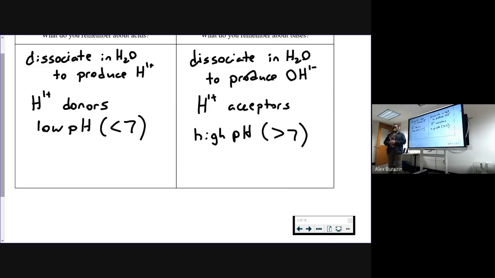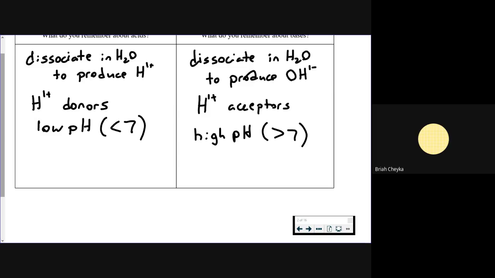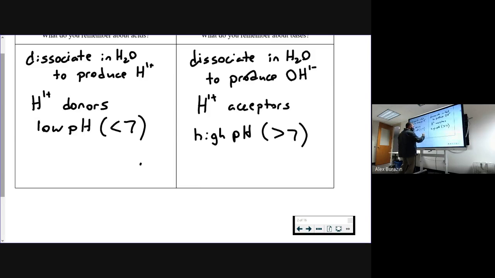What else? That's it? Could you say acids don't turn phenolphthalein any color or stuff like that? Sure, I'll take it.